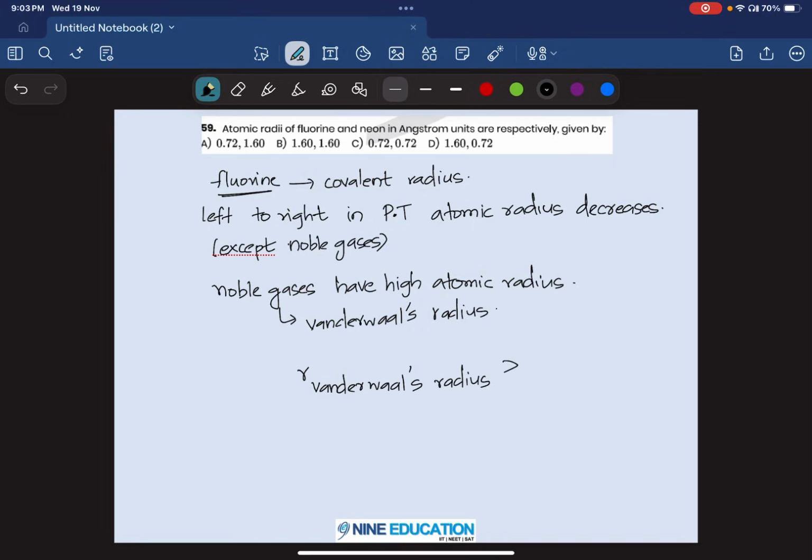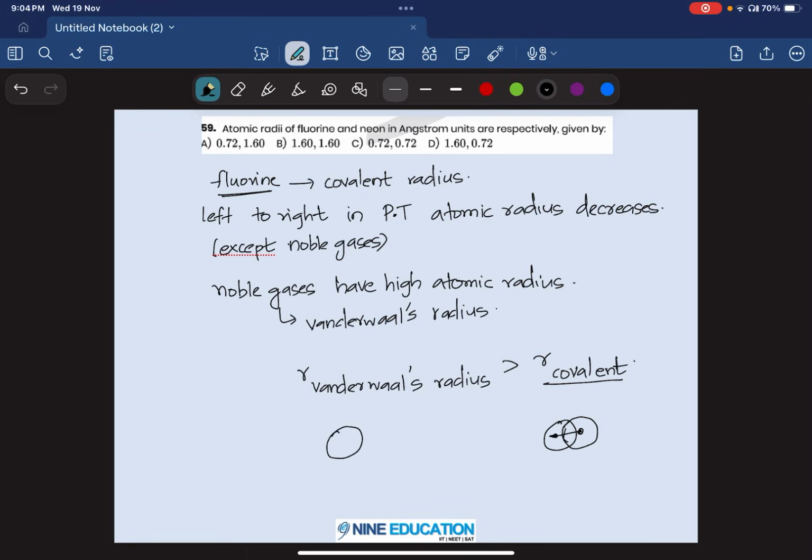R van der Waals is greater than R covalent. In case of fluorine, covalent radius is calculated, which is smaller than the actual atomic radius. Why? Because in case of covalent radius, the atoms are already overlapping with each other. So whenever you calculate the distance between the nuclei, it is smaller than the diameter. That's why covalent radius is smaller than normal atomic radius.